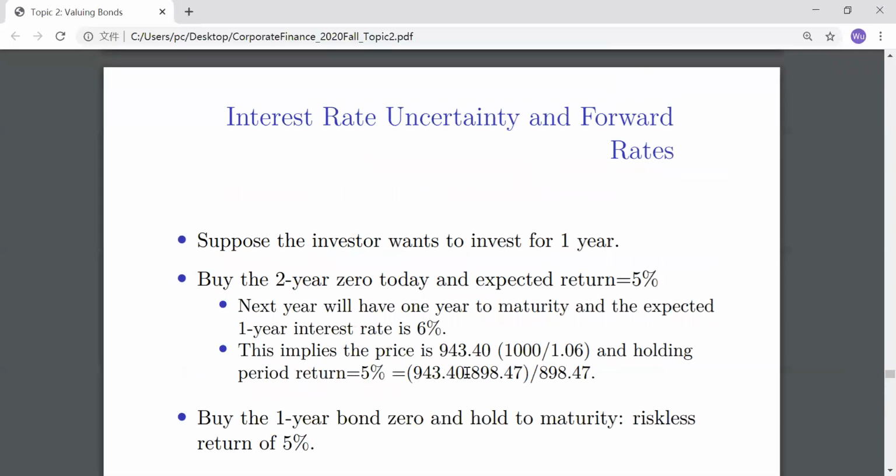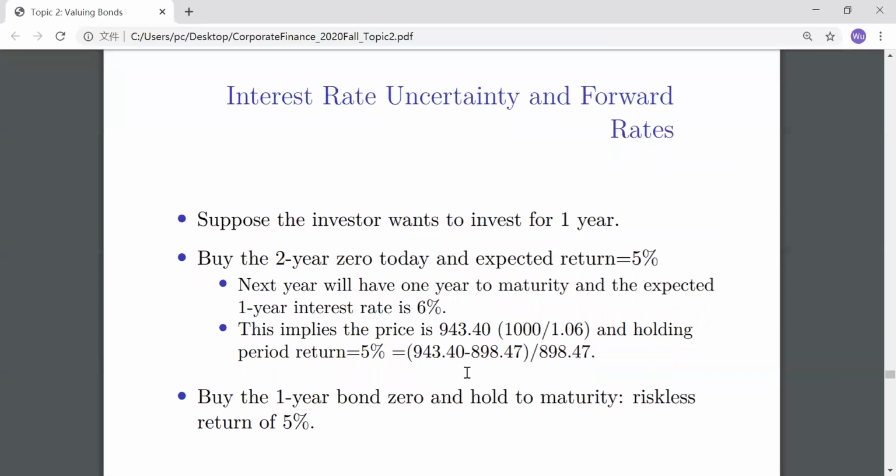Now we have this interest rate uncertainty here. Let's see when this interest rate uncertainty matters. Suppose the investor wants to invest for 1 year. They can do it this way: buy the 2-year zero today, and the expected return is 5%. Again, we don't know about the future.